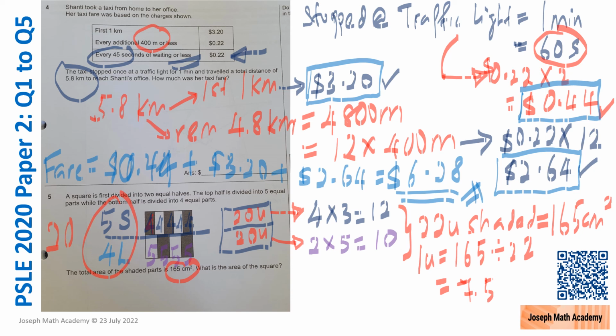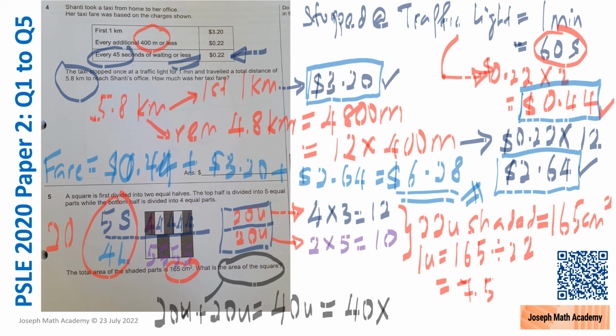The question is asking what is the area of the entire square. The entire square is made up of 20 units upper half, 20 units lower half. So in all, there are 40 units, and 40 units must be 40 times 7.5 square cm. That gives us exactly 300 square cm, which is the answer for number 5.